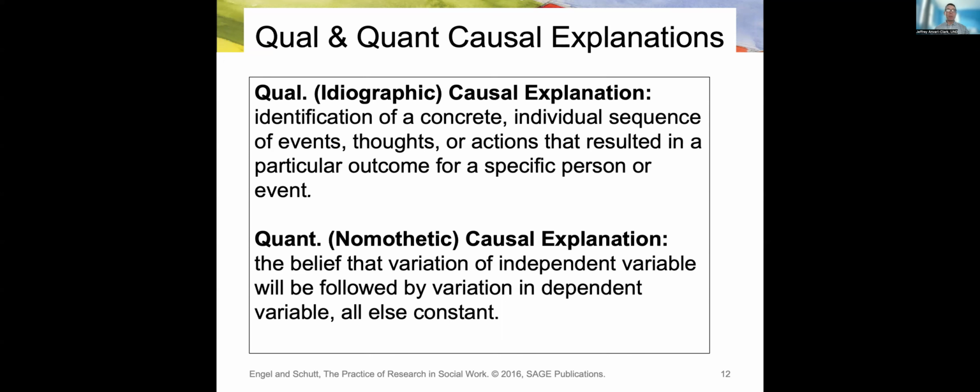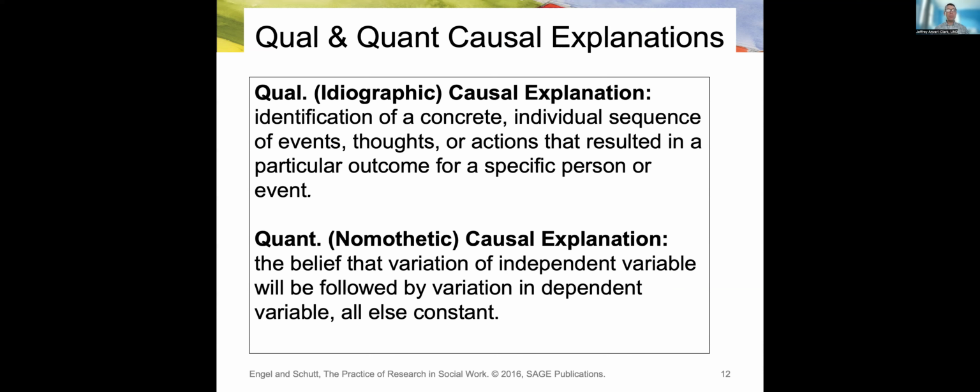Maybe the person gets into a car accident, and then they start taking opioids to manage the pain. And then they develop a substance use addiction to those pain medications. So the causal explanation, as you are working with this individual and tracing their life, is that this addiction maybe was caused by the original accident that they had.